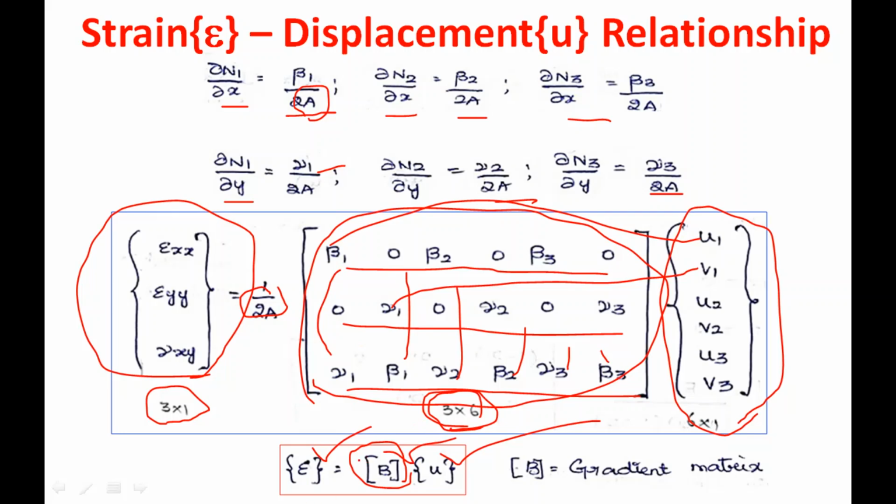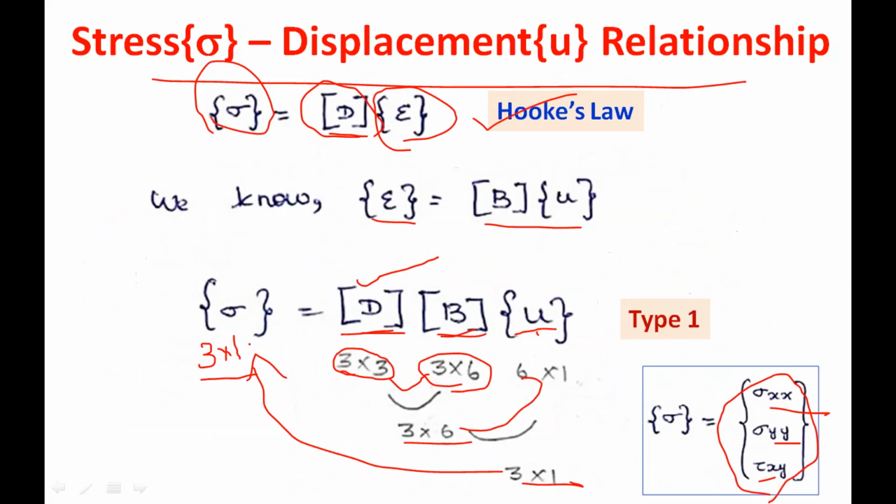That is why in industry they call it a geometric matrix. So if you want to find the stress of a particular element, if you multiply the material matrix and the geometrical matrix, then we are able to find the stress value. So this is the first type of problem possible in the plane elasticity problem, right?